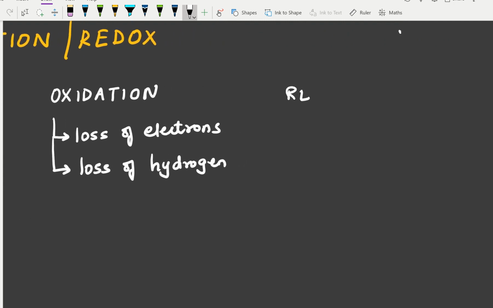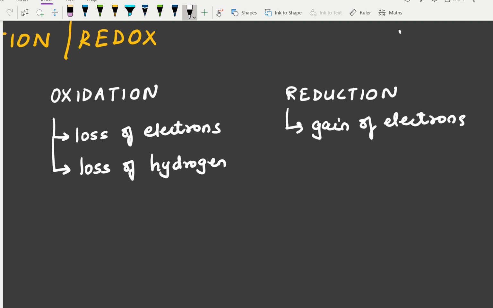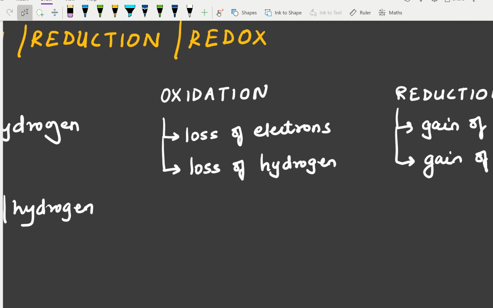So this is about reduction, and we just saw that reduction is the gain of electrons or it is the gain of hydrogen. So I have 2 definitions in place.